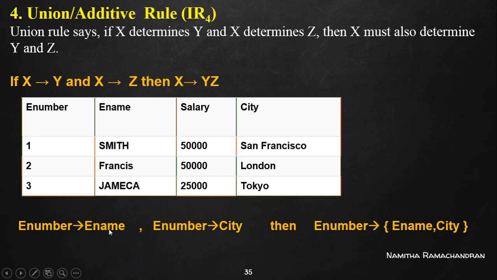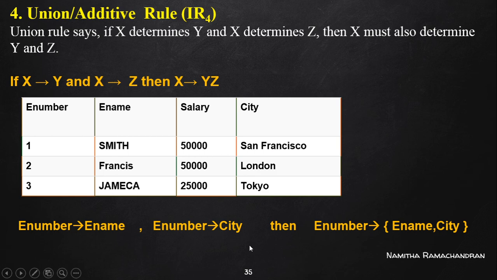E number implies E name is a valid dependency in this table. E number implies city is again a valid dependency. That means if we know the E number, we can identify the name of the employee. Similarly, if we know the E number, we can directly identify the city in which that employee is living. From these two, we can apply this additive rule.